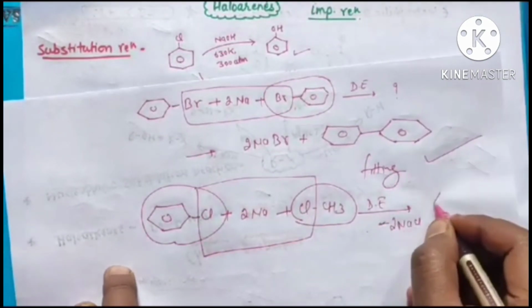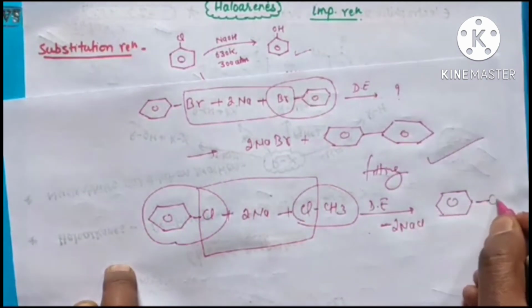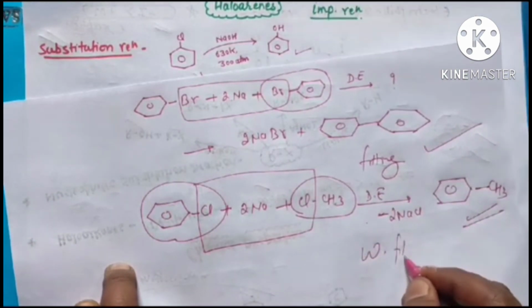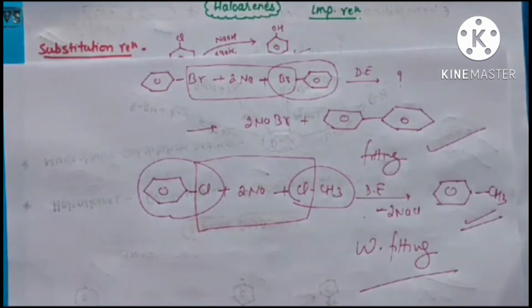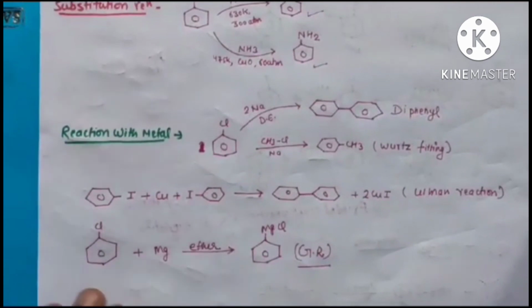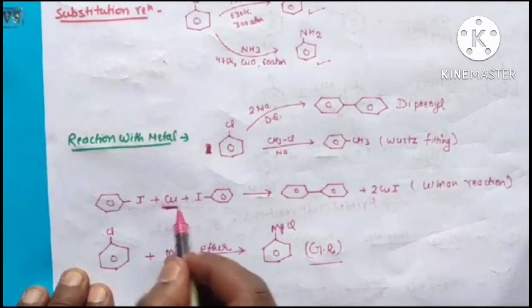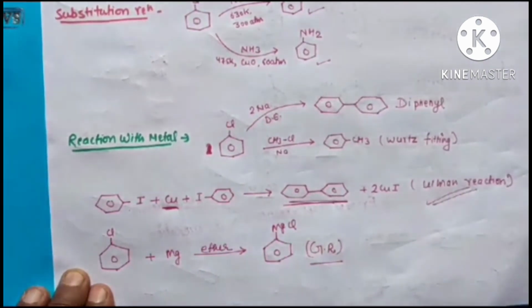Now the remaining species will be like this, the ring, and this is CH3. This is toluene, and this reaction is known as Wurtz-Fittig reaction. I think this is also very clear to you. Fittig and Wurtz-Fittig. And similarly, if this is the aryl iodide in presence of copper, so this will also give diphenyl, and this reaction is specifically known as Ullmann reaction.